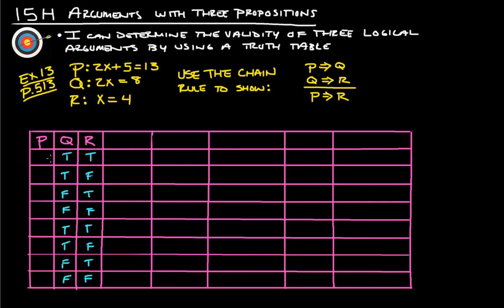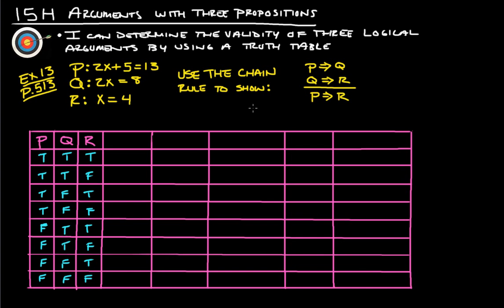And this last one is 4 trues and then 4 falses. The reason we do this is so that we make sure that we hit all possibilities. Every single possible combination of true and false for these three is covered if you do this pattern.